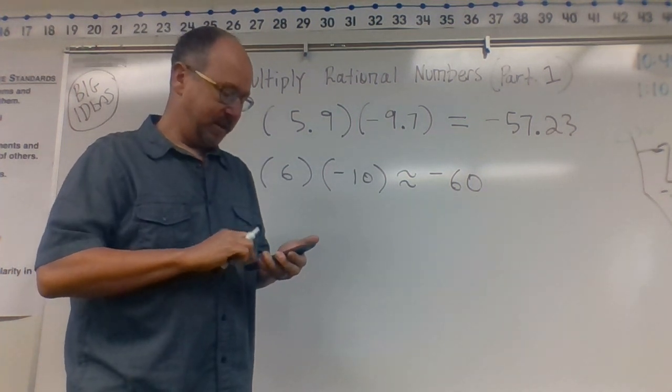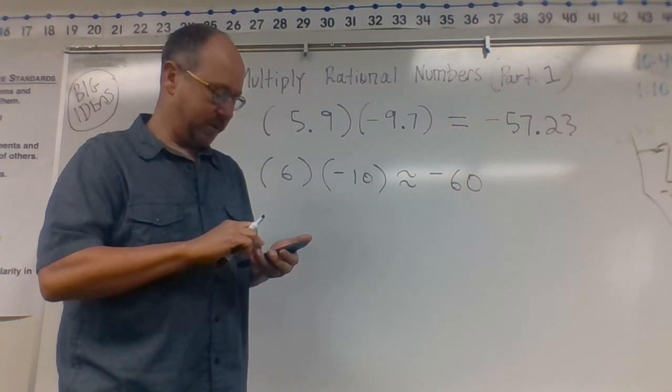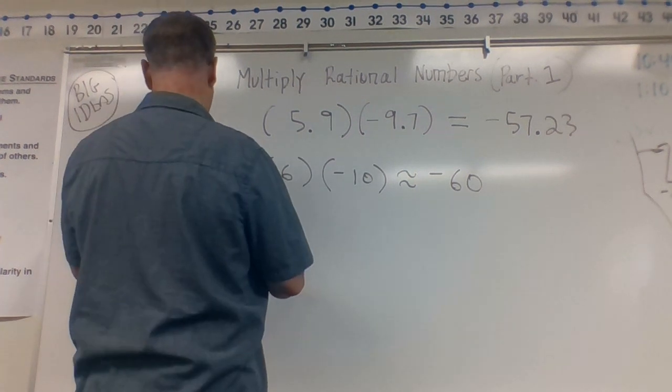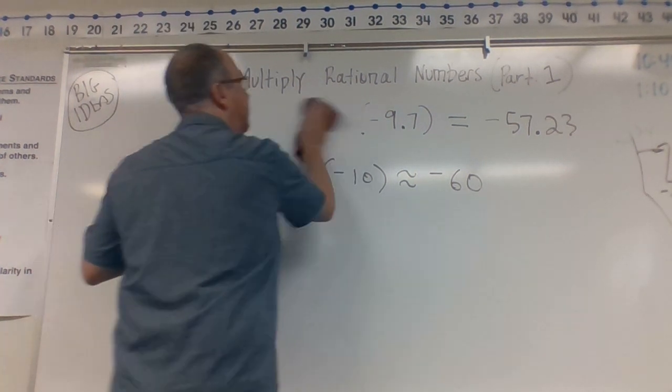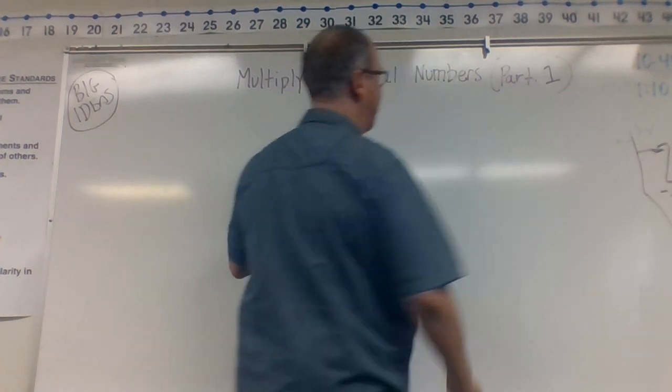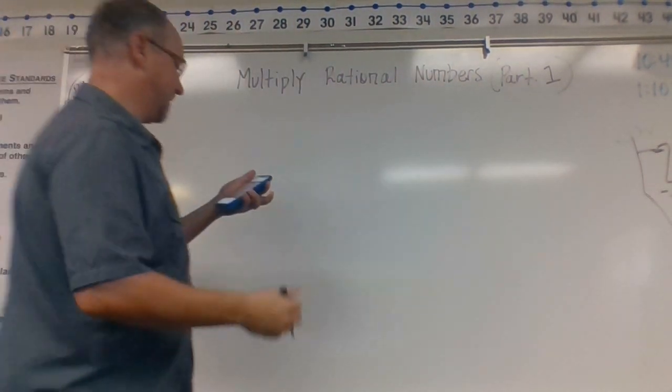All right, let's look at one more example. For this one, we're going to multiply 3 decimal values.